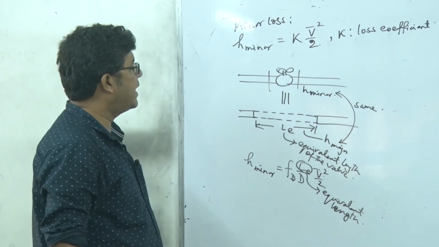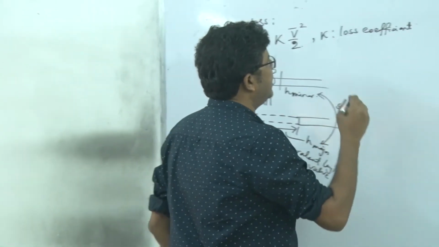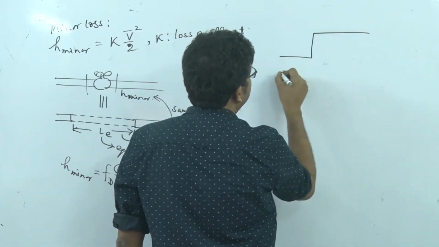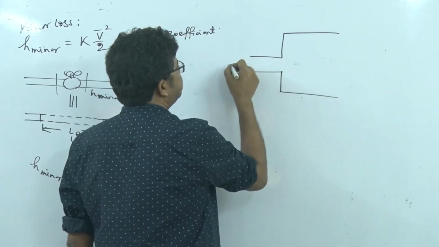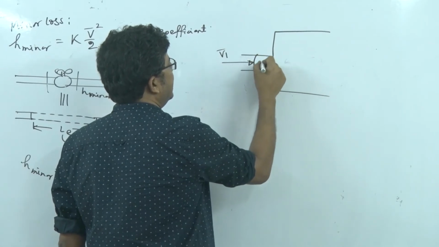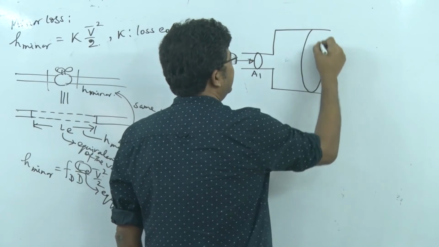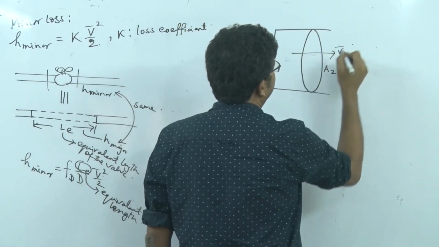So that's about the minor loss calculation, but additionally one thing I would like to mention, and it's very important. If there is a sudden expansion, I'm not proving this, just remember this equation. Here the average velocity is V1 bar, the area is A1, the expanded area is A2, and the velocity is V2 bar.